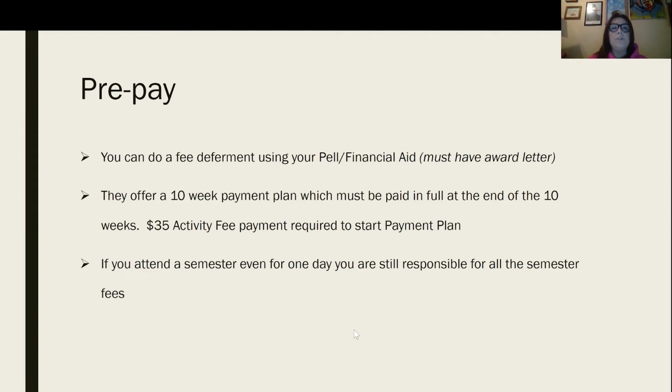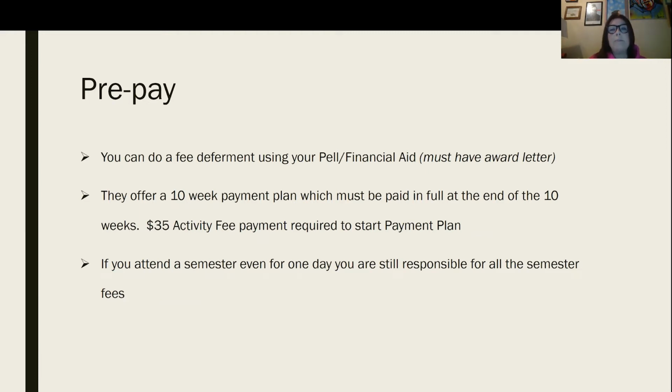You can also do a deferred fee payment. In other words, if you're eligible for Pell and you know that that's coming, then they're going to just take the fees out of your Pell grant. They do offer a 10-week payment plan, which you can utilize in order to pay your fees if you're not Pell eligible, or if you need to set up some sort of payment plan.